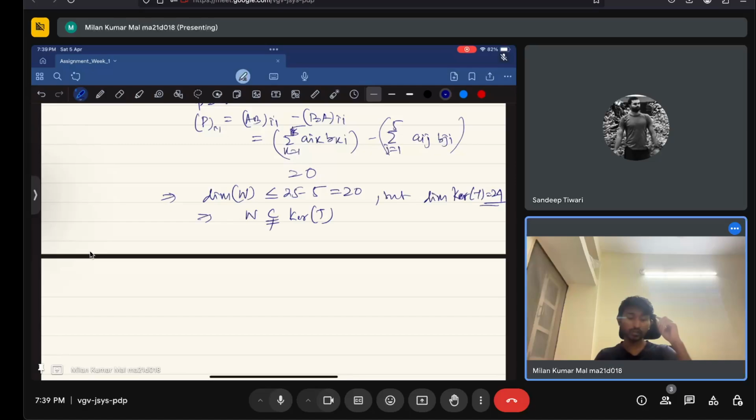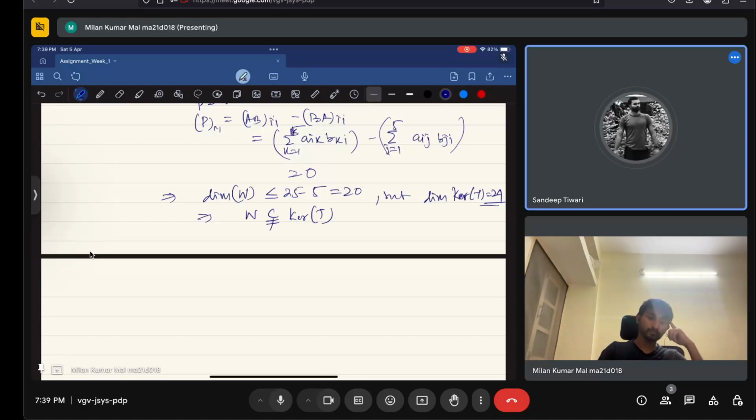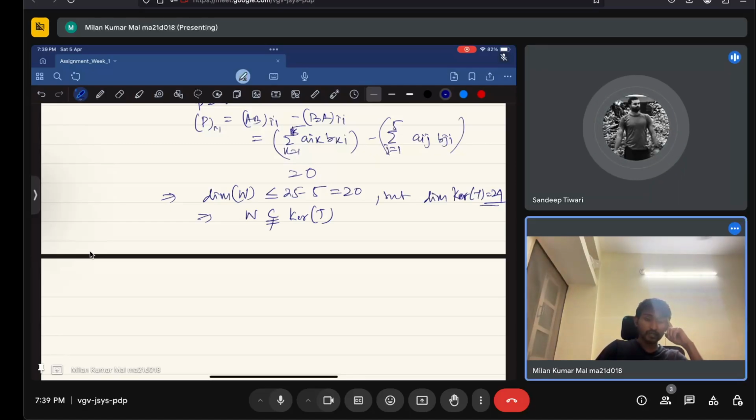Is it clear now? W is a subspace of the kernel of T, and it is proper.